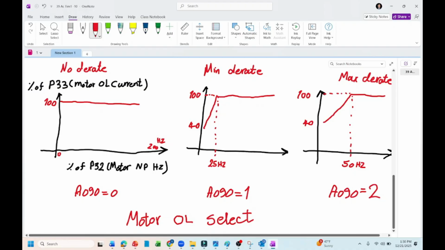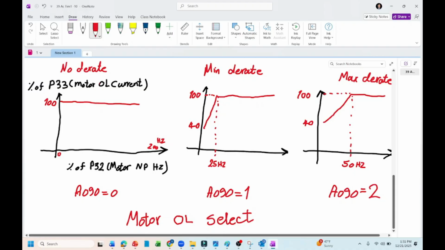So what it really means is that at low frequency you make it more sensitive to the fault, especially at lower frequencies where you decrease that number. If it goes over that, you get a trip. But in no derate, whatever you put here is the actual motor overload current.